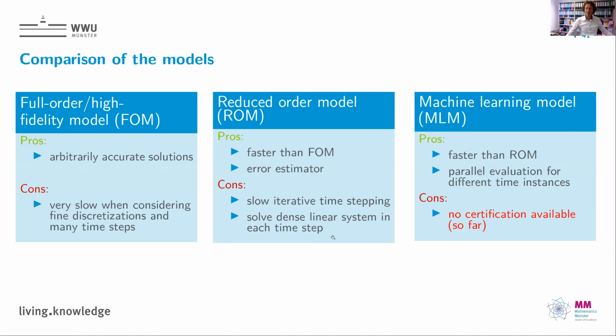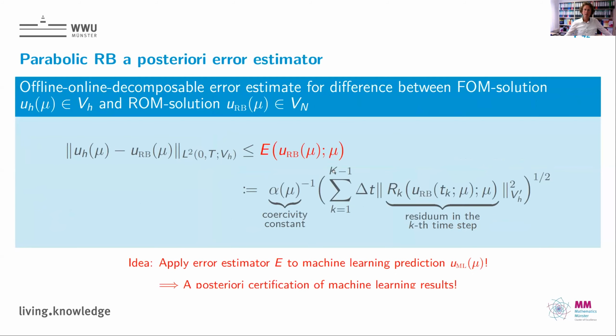The con so far is that the rigorousness of having a certified model with error estimators gets lost at first sight if you use machine learning. So there is no certification, and this is actually where you can now benefit if you combine these approaches.